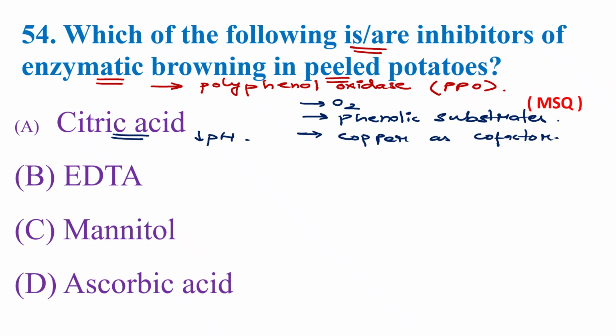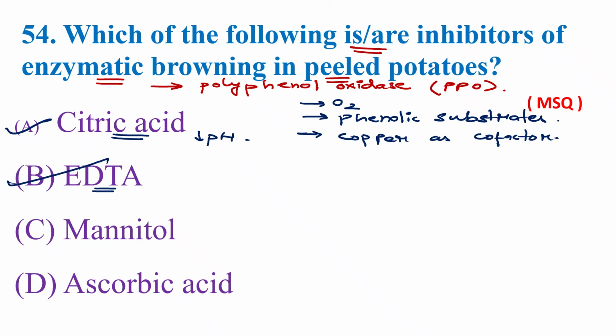Next, EDTA. EDTA is a strong chelating agent. It will bind the copper ion, which is required for polyphenol oxidase activity. We know that without copper, polyphenol oxidase cannot function. So it will act as a chelating agent. Next, mannitol.